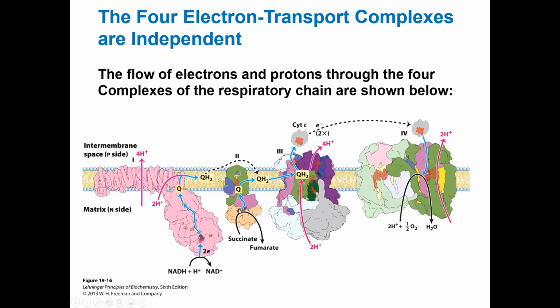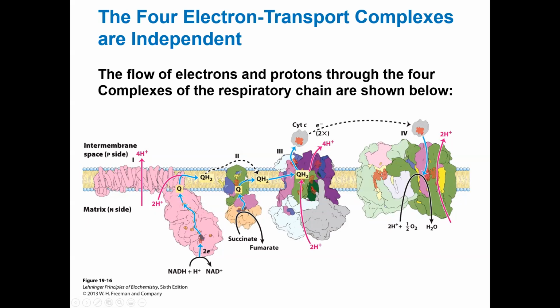Complex 2, succinate dehydrogenase, transfers 2 electrons to, again, ubiquinone. So you can see Q getting converted to QH2, a lipid-soluble electron acceptor. So complex 1 and 2 are independent of each other.